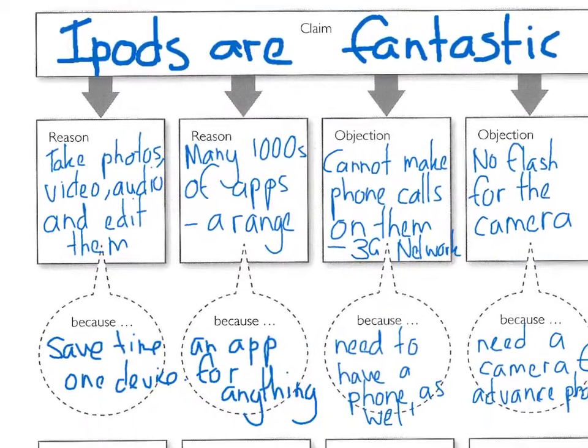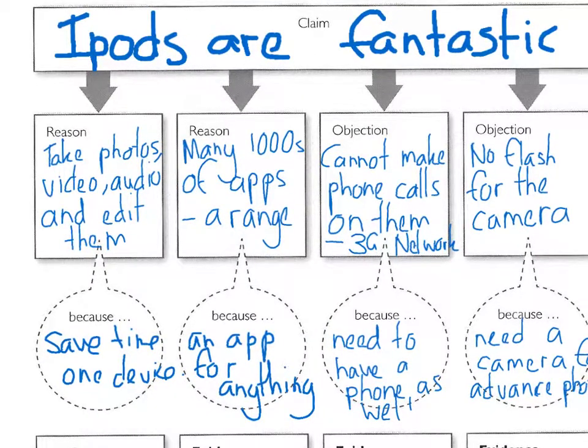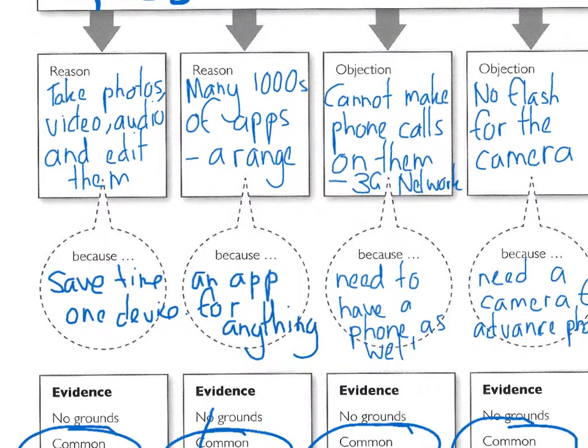If I put something down here that had nothing to do with iPods being fantastic or not, that would not be a good reason. So at the moment I'd be at the third level of the criteria. In order to get up to the top level, I need to do these next two things.